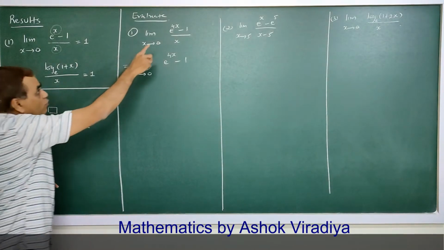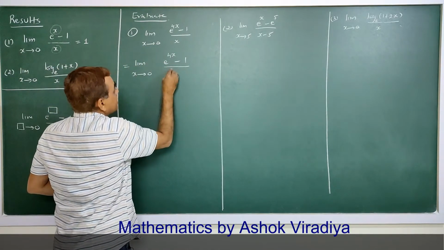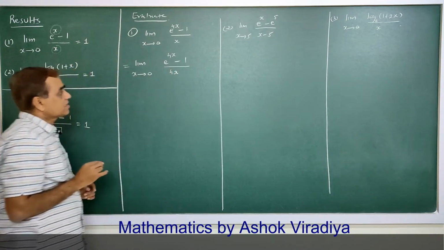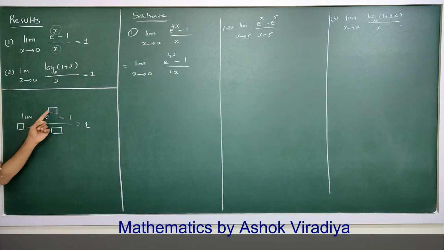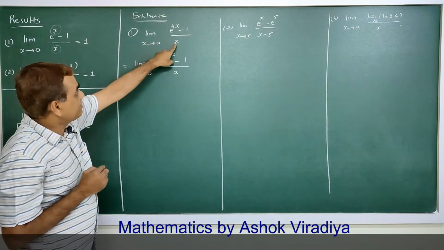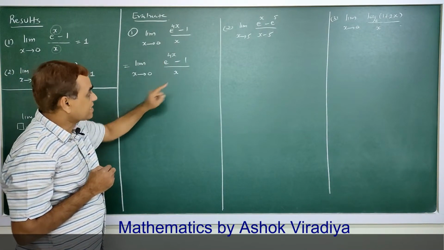So here there is 4x, so here there must be 4x. So e raised to 4x minus 1 upon 4x, and if 4x tends to 0, then its limit is 1. But here x is given, not 4x.